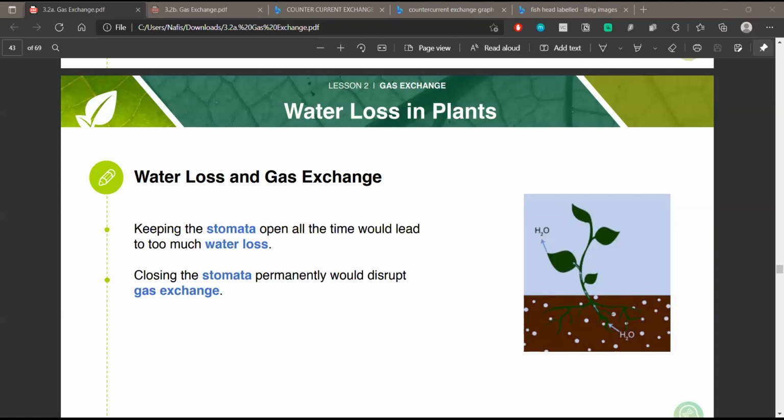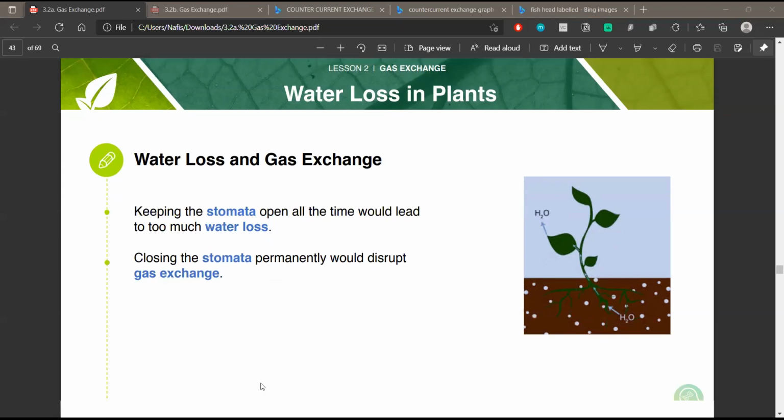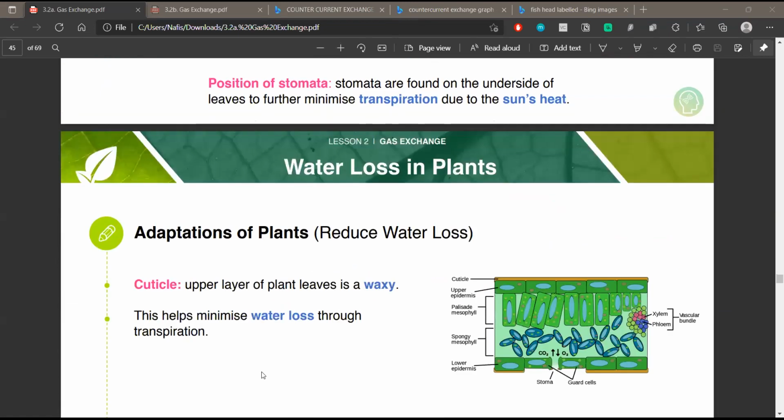That makes sense because when there is sunlight, there's going to be a constant water vapor gradient, right? Which then means that water is going to be lost a lot. So that UV light mechanism is a brilliant way of the plant protecting itself.